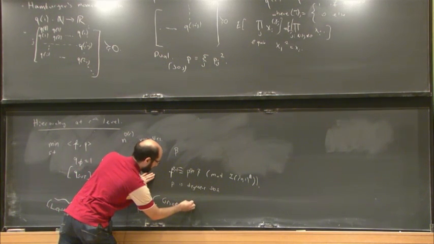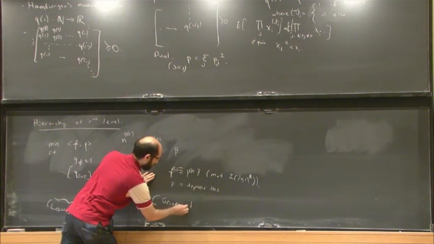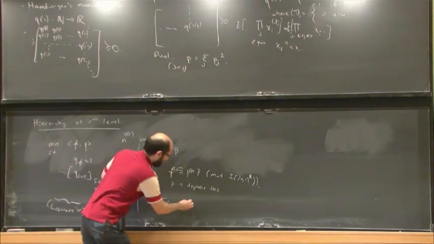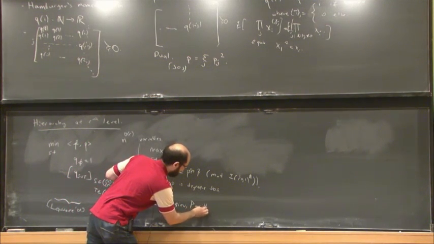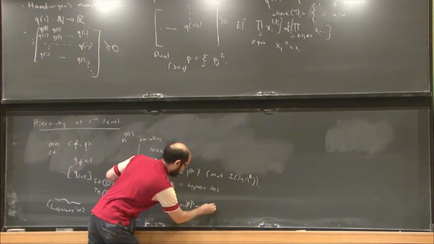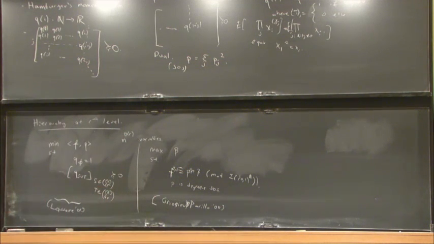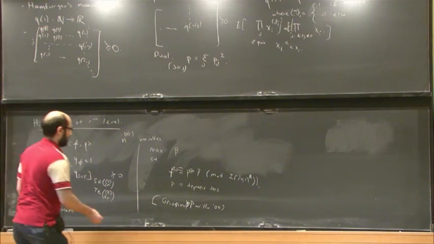and Parrilo. The Grigoriev name is Positivstellensatz.